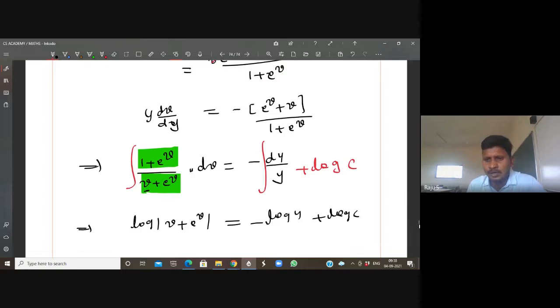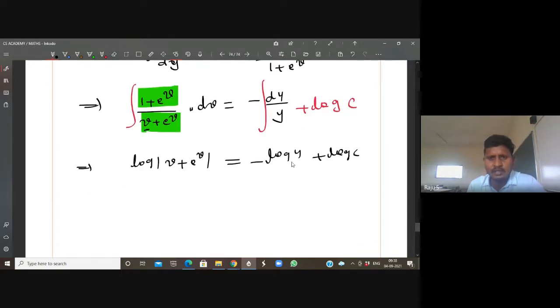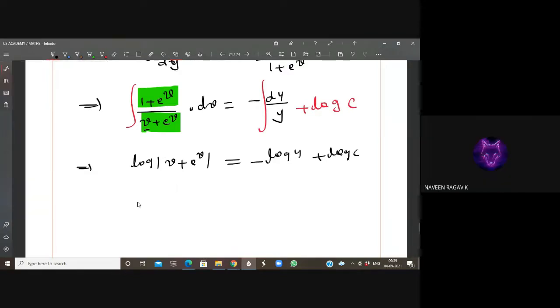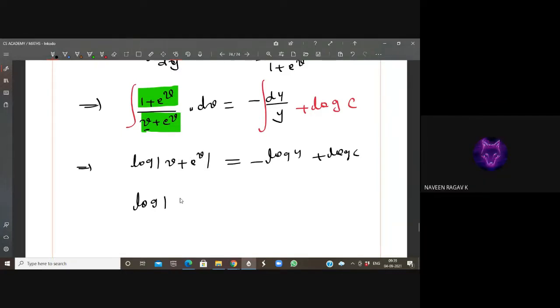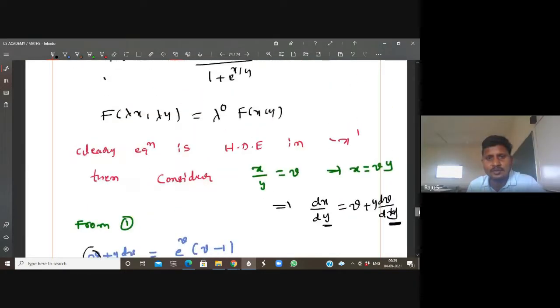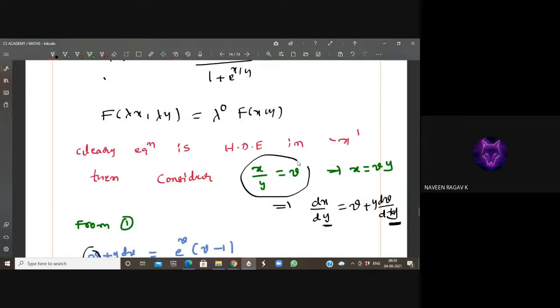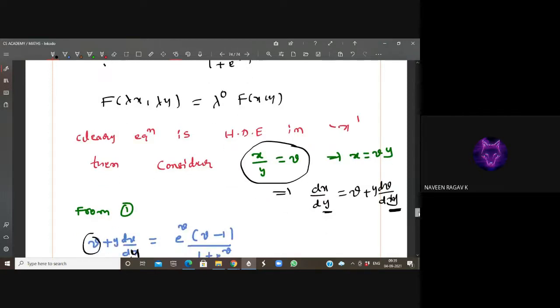So what shall we do here? Shall we take log y to the left side, and what is the v value? What is the v value finally? Substituting the v value at last, see here: e to the power v plus v, into y, is equal to c.